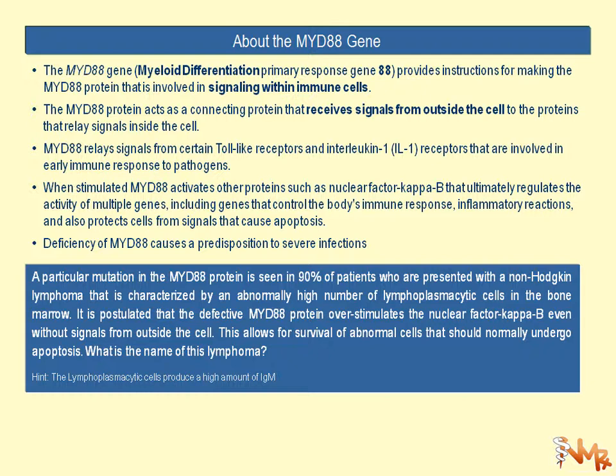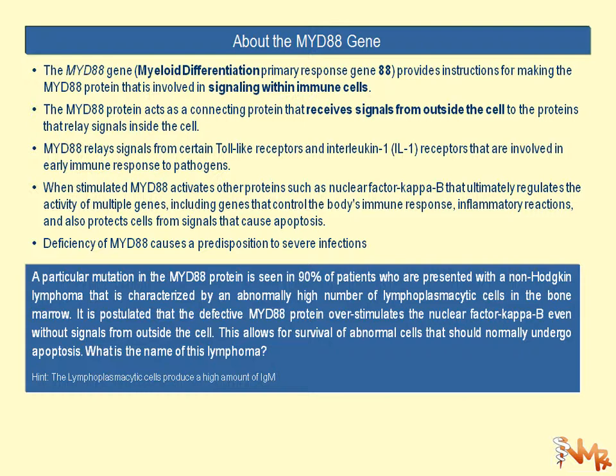It is postulated that this defective MyD88 protein overstimulates the nuclear factor kappa B even without signals from outside the cells. This allows for survival of abnormal cells that should normally have undergone apoptosis. What is the name of this lymphoma?